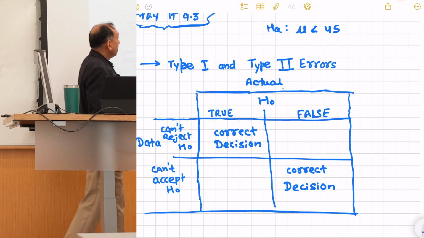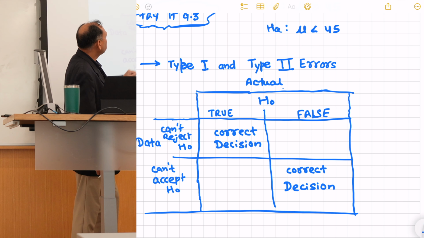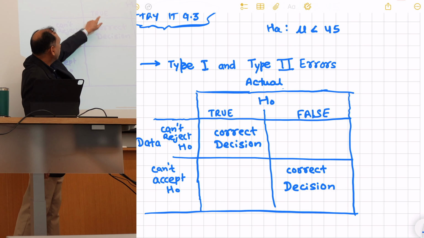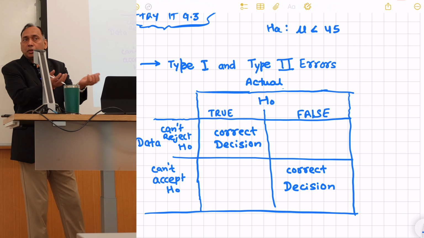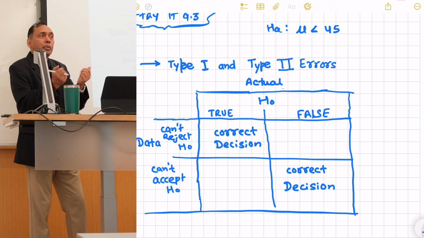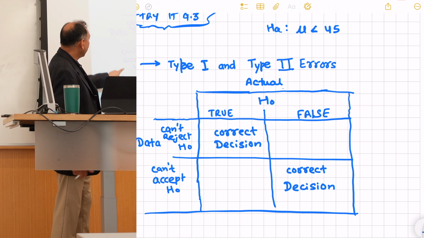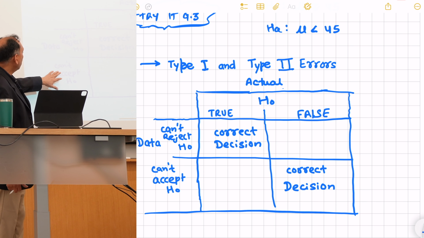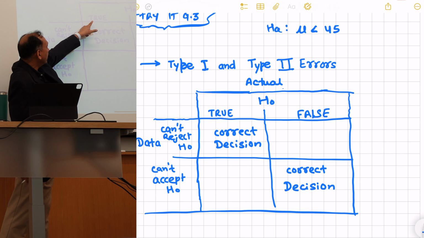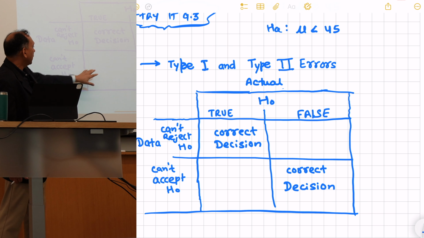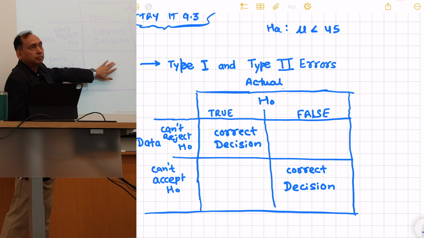But sometimes it may not. Sometimes this is the reality, but you collect data and somehow in your data you get those samples or people's preferences in such a way that you end up concluding that you cannot accept HO. Reality is that it is true, but you cannot accept this, so you are here.